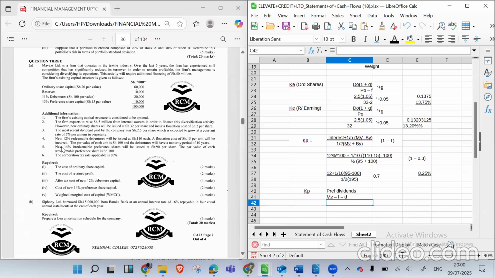So our dividends, 14% irredeemable preference shares will be issued at 90. The par value is 100. So that is 14% of 100, and we divide by 90. Because we make it a percentage, that is 14 divided by 90, 15.56%.